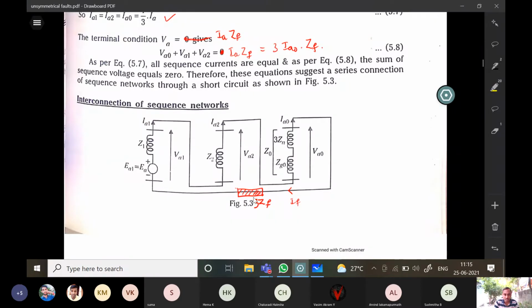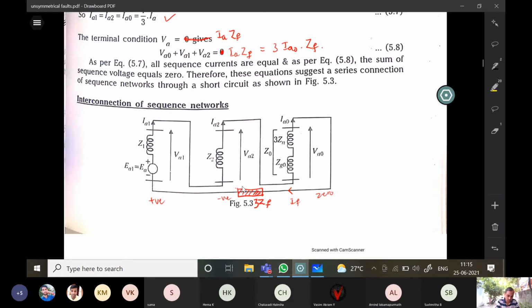This is the fault impedance, and the remaining circuit remains the same, because IA1, IA2, IA0 are there. This is the positive sequence network, negative sequence network and zero sequence network, with Z0 and 3ZF, VA0, VA1 and VA2, IA1, IA2 and IA0, Z1, Z2 and Z0. All are in a series circuit. Everything is the same; the only thing is 3ZF, which is added here in this derivation.